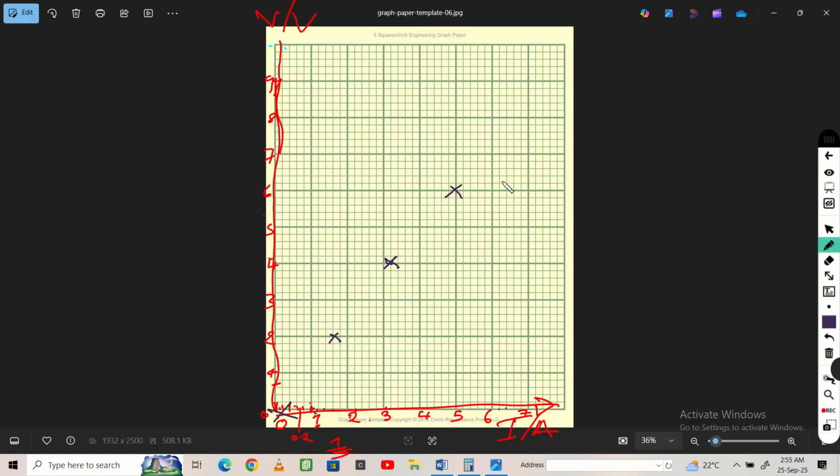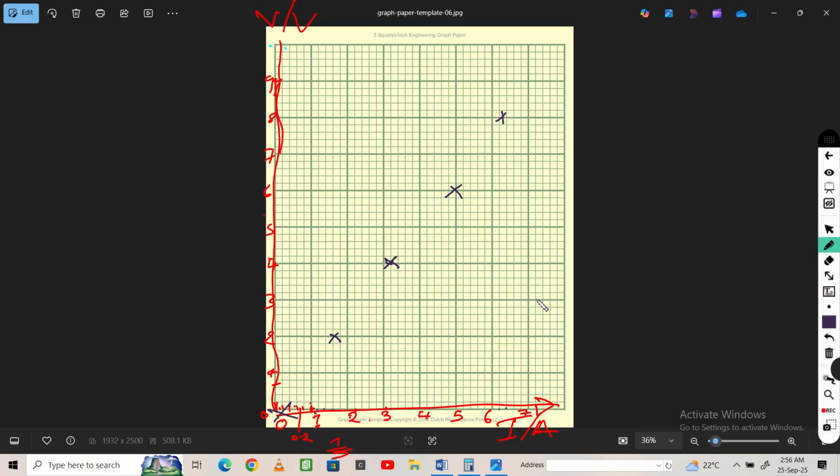And we have 8. I'll go up in between. This is my 8. So I'll put it in between. So the point will be in between these two. So that's it. That's what you're going to have.